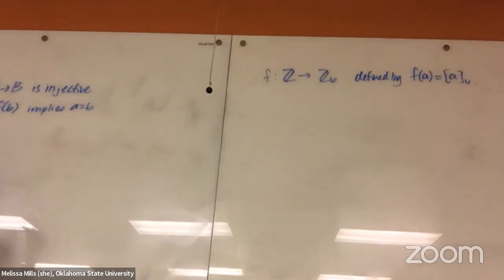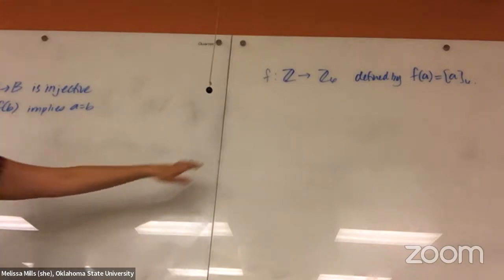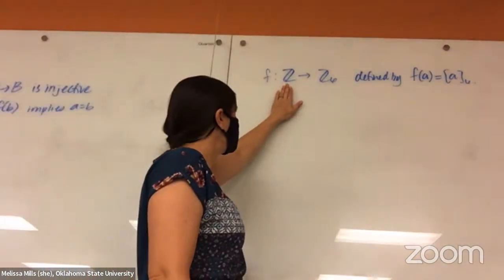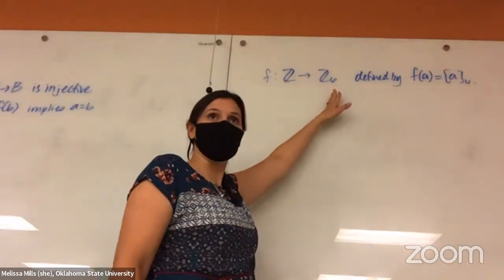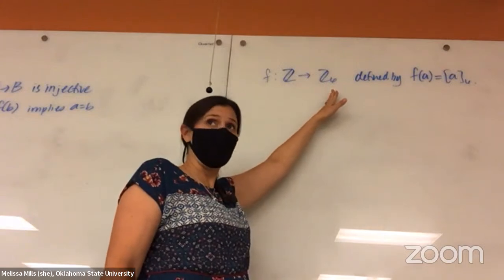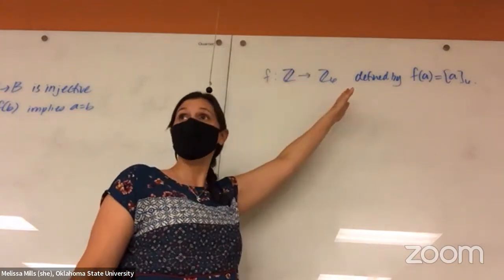In other words, if I have some mapping and two things map to the same element, then those two things must have been equal to begin with. So you can't have multiple things mapping to the same element. If I think about this, do I have multiple values in Z mapping to the same element in Z mod 6? Yeah, every multiple of 6 is going to map to 0.